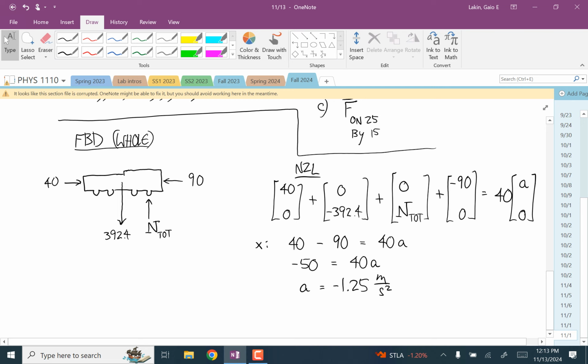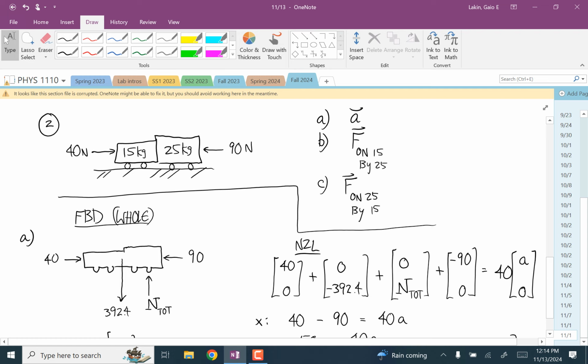The total acceleration we represented as a for x, 0 for y. And so plug in our value of a into that vector, and you get that the acceleration vector is negative 1.25, 0. So that's all for part A.